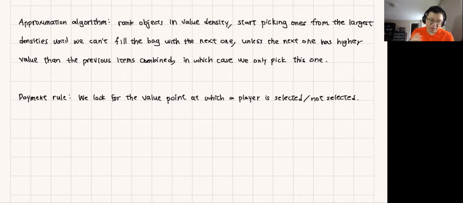Okay, so you look at a player and see, varying its bids, at which point does it go from being selected in the algorithm to being unselected, or vice versa? And that is the payment for this player.